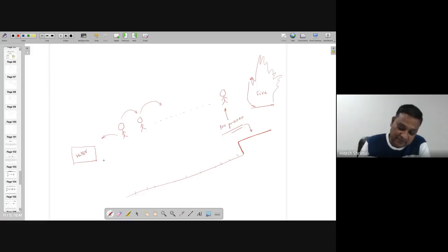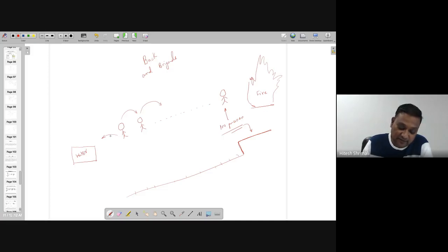By the way, such a popular thing is known as the bucket brigade. This is a very popular concept. If you know how firemen work together, many of them use the bucket brigade concept, right?